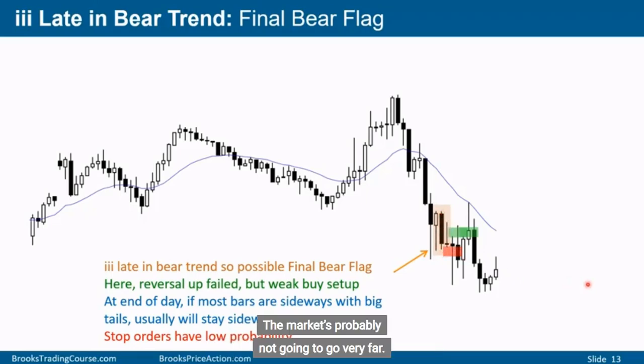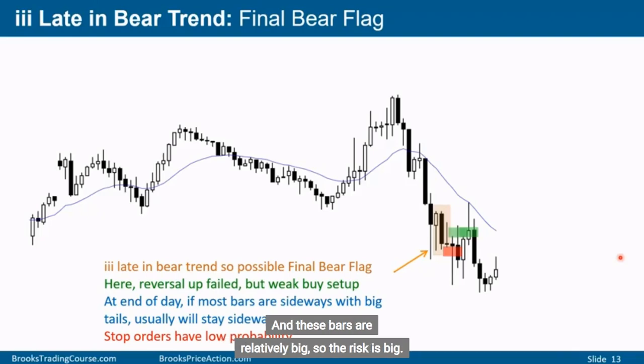The market's probably not going to go very far. So if you're getting doji bars, sideways bars late in the day, and it's a breakout mode pattern, it's usually not worth taking. It's low probability, not much time left, so not a lot of time for a big reward.